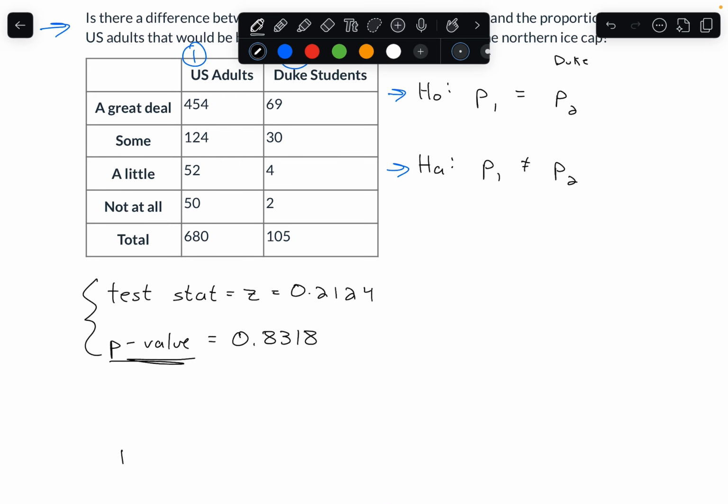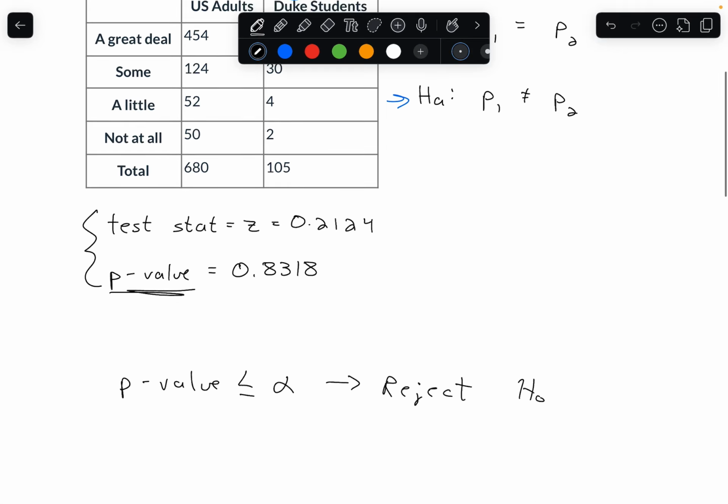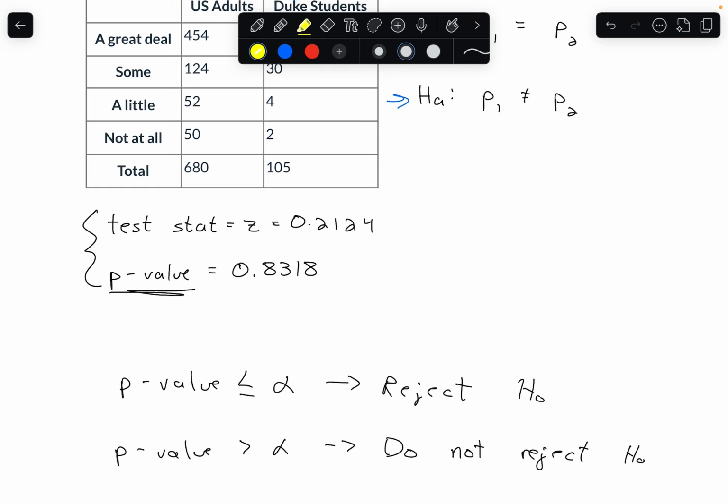The rule that we use is: if the p-value is less than or equal to alpha, then we reject the null hypothesis, we reject H naught. And if the p-value is greater than alpha, we do not reject H naught.